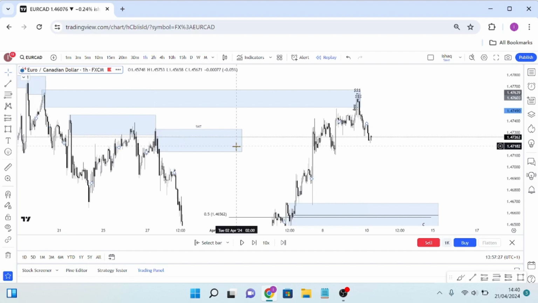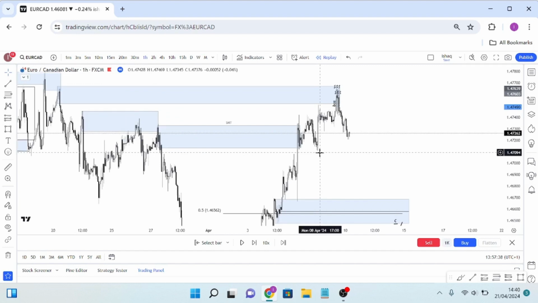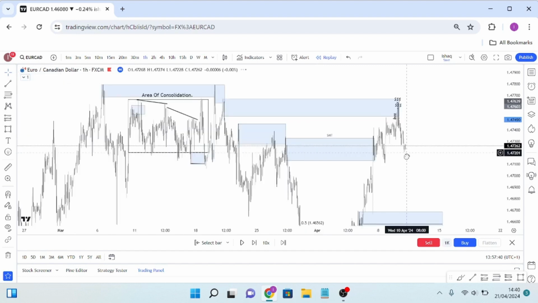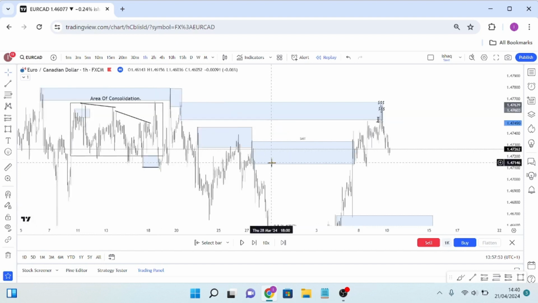I saw a much more high probability setup, and I saw the market potentially looking to induce early buyers, people jumping the gun way too early and not looking at higher time frame narratives such as this more high probability supply chain, which had previously induced liquidity and area of consolidation, manipulation, as well as its distribution. Market tap. Also, we had the smart money trap.